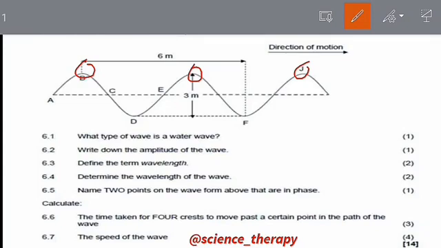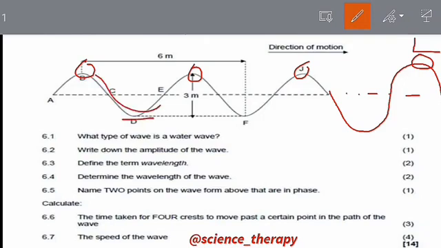So what can we do? Let's extend this one so that we form a third wave and have the fourth crest here. How many complete waves do we have from B all the way to this point here? Let's name it L. We have 3 waves.